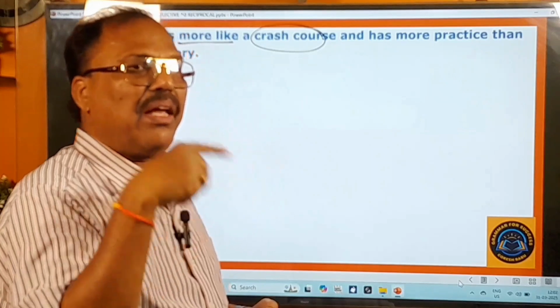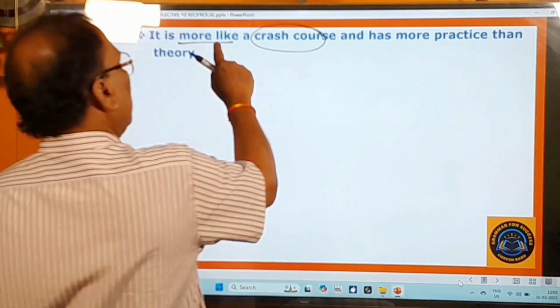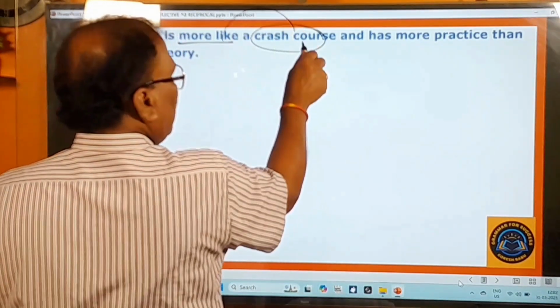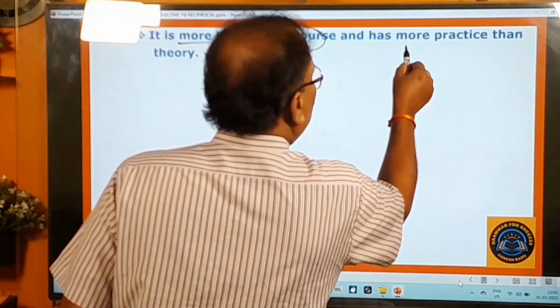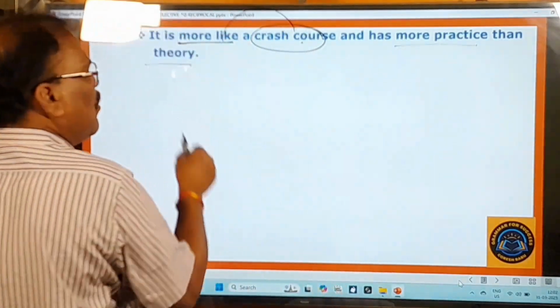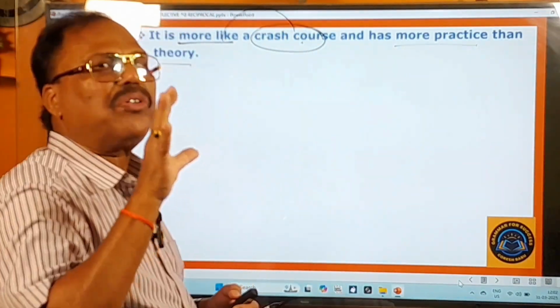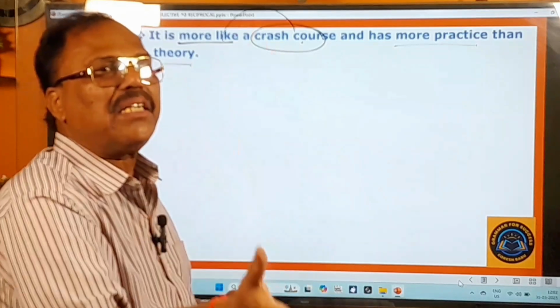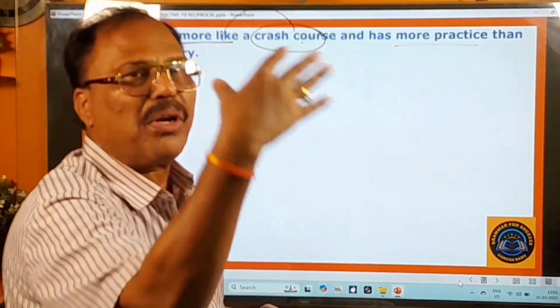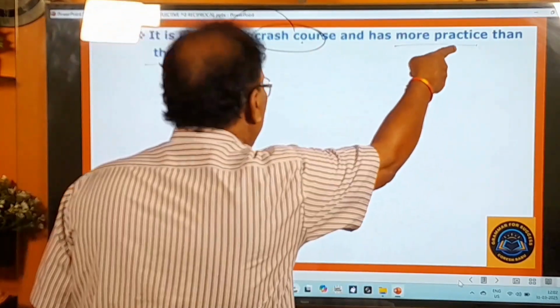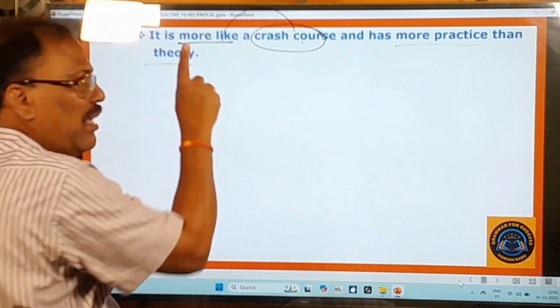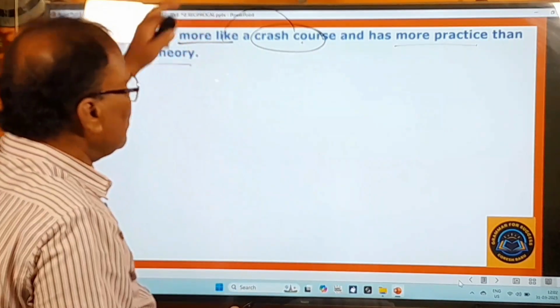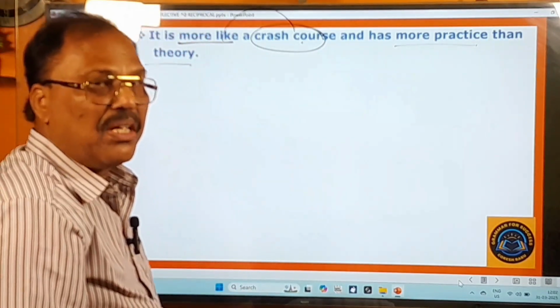That is called a crash course. So this remedial teaching is also just like that crash course, one point, and it has more practice than theory. So in this remedial teaching, more teaching will not be there, only practice will be more and more and more. So more practice will be there and less theory will be there in this remedial teaching. So this is yet another important feature of this remedial teaching.